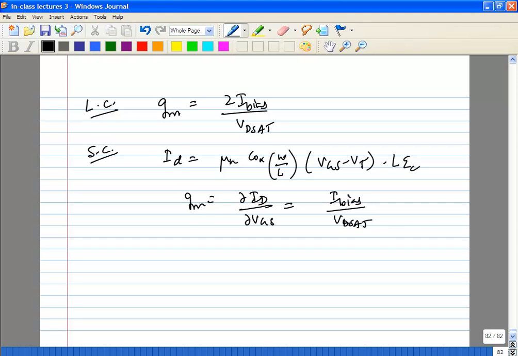But remember, the actual expression for the current had L times EC in parallel with VGS minus VT. Remember that? So even though the transistor is going to be somewhat in short channel, it's not going to be in deep short channel effects, where it shows deep short channel behavior. So it's going to be somewhere in between.